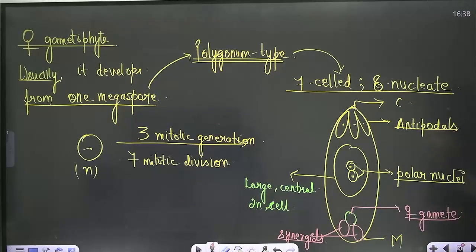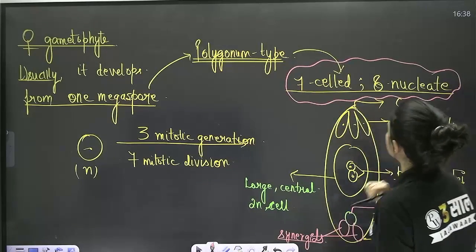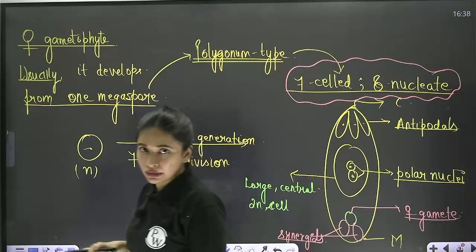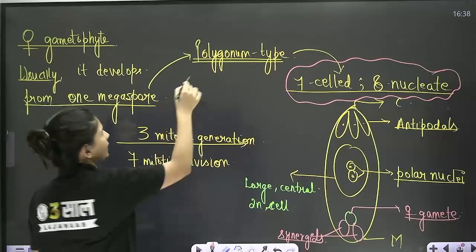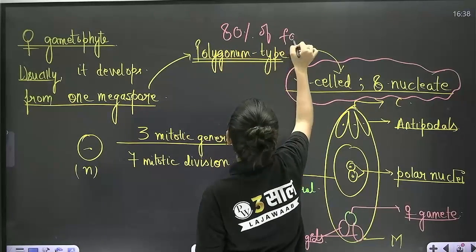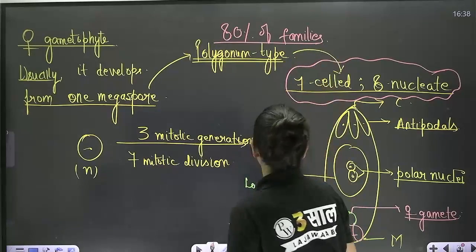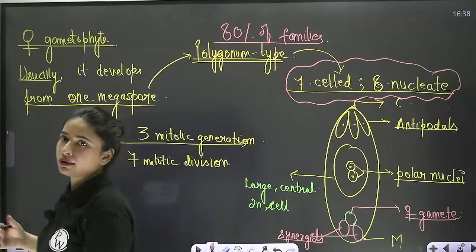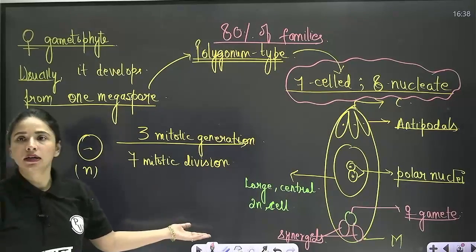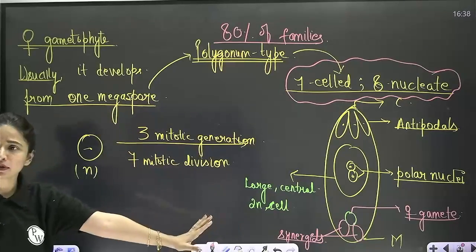So this is the 7-celled 8-nucleate polygonum type of embryo sac, which you see in 80% of angiospermic families. And this is there in our syllabus, so you all should know, remember and learn it. Correct? Got my point? Did everyone understand till here?